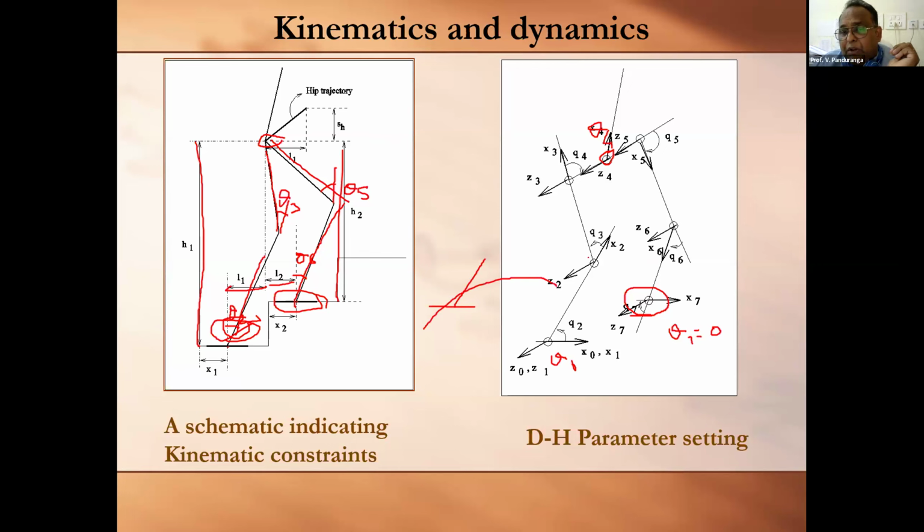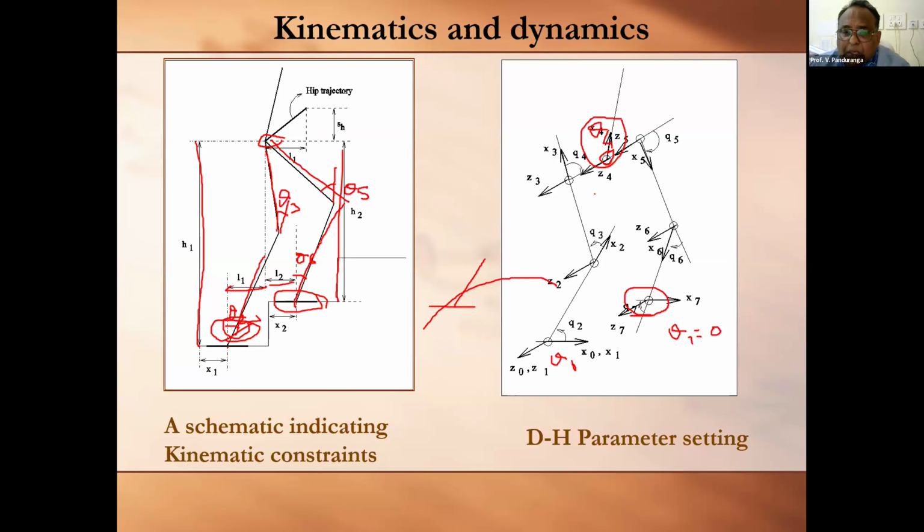Whenever the foot is moving from one location to another location, it is moving like a flat footing. Of course, it was slightly consuming more energy, but in order to save this computational complexity and to avoid the inverse dynamics approach, we made it 0 and tried to determine only theta 4.